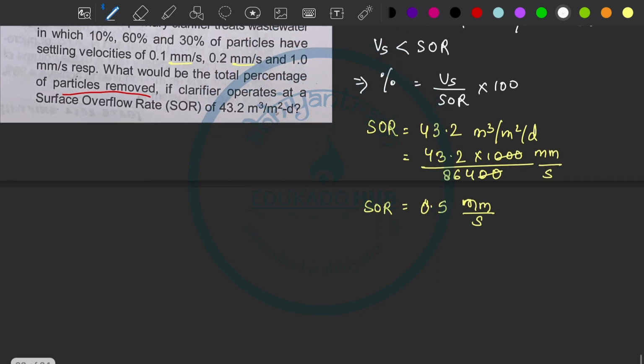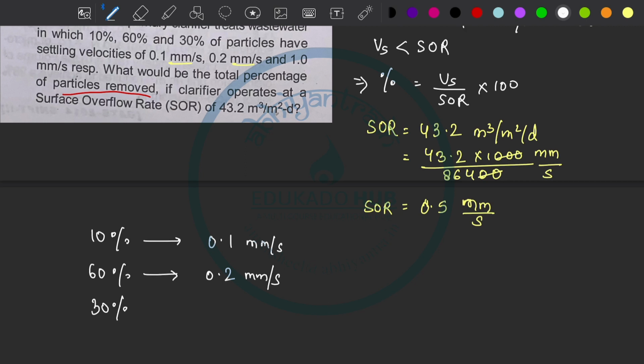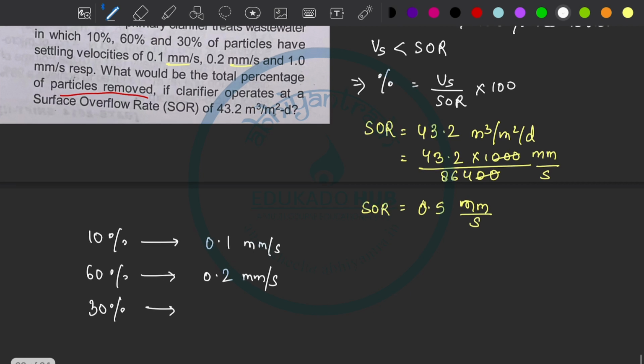We have given here that for 10% of the particles the settling velocity is 0.1 mm per second, and for 60% of the particles the settling velocity is 0.2 mm per second, and for 30% particles the settling velocity is 1.0 mm per second, and this is greater than the surface overflow rate that we have calculated.